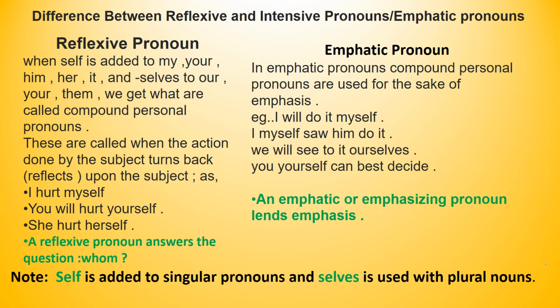The subject itself. So it's reflecting back to the subject. So this myself is a reflexive pronoun, यानी कि जो काम करने वाला है और जिसके ऊपर काम हो रहा है वो दोनों ही सेम है. The same way, you will hurt yourself. She hurt herself. A reflexive pronoun answers the question whom.